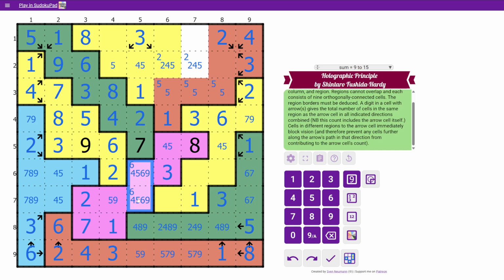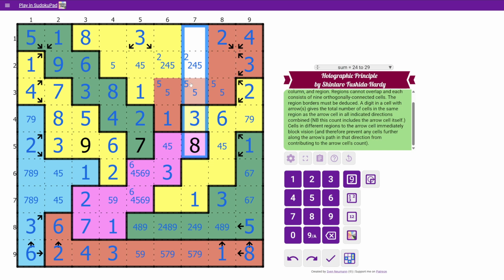Oh, 4 goes there. This was an 8. An 8 has to go here.